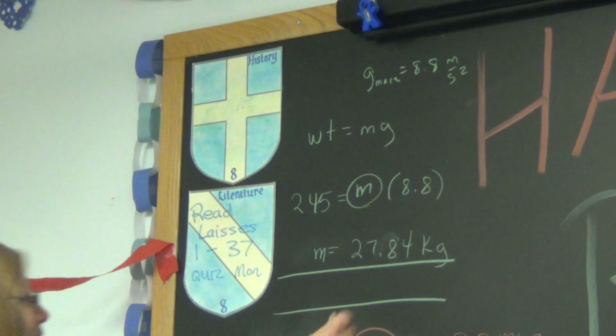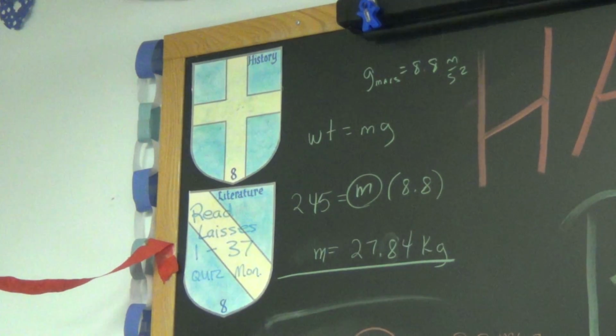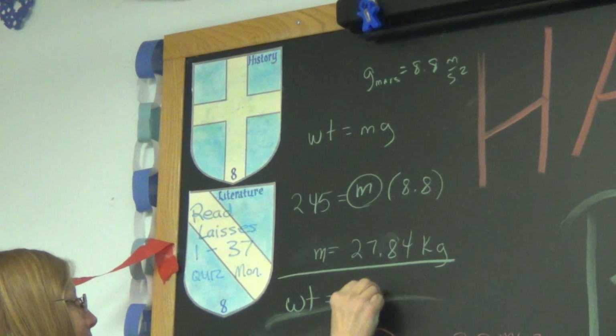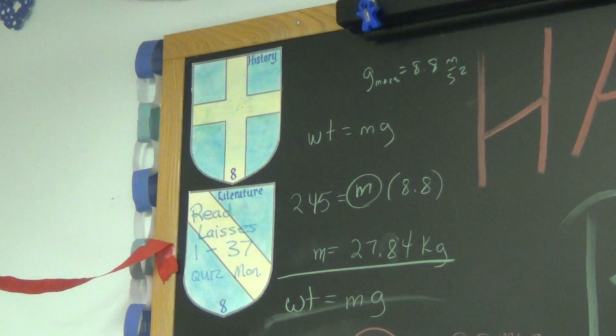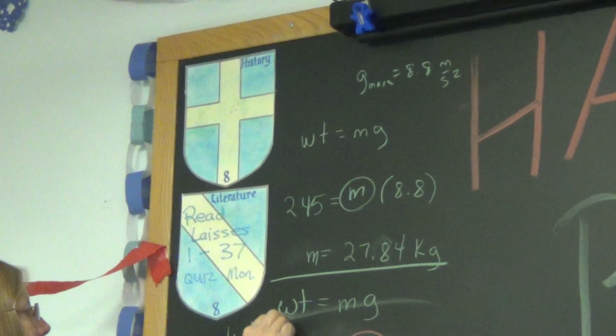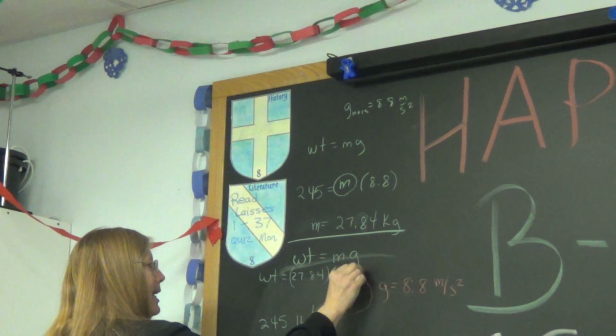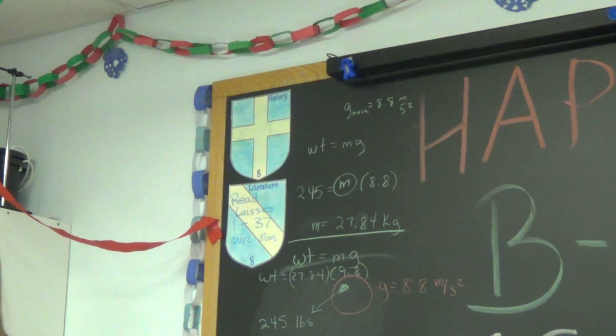So we're going to finish now. Now we're back on Earth, where mass is now known, because it's the same on Mars. So we get weight equals 27.84 times 9.8. I will allow you to call it positive or negative in this case.